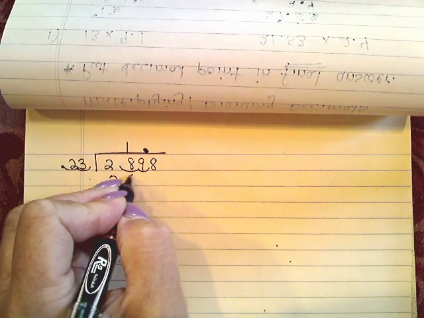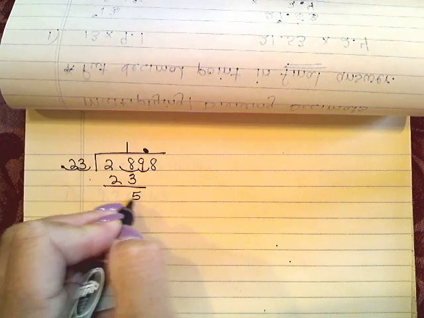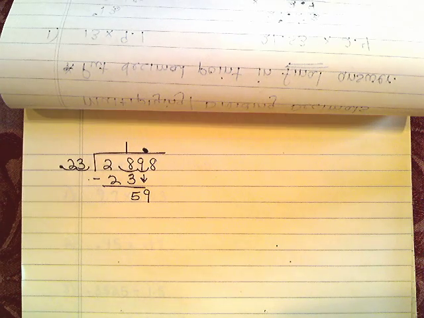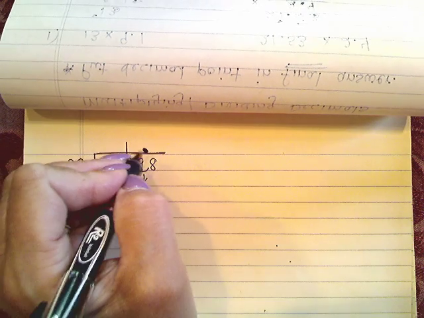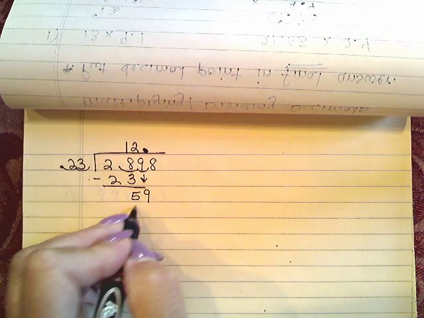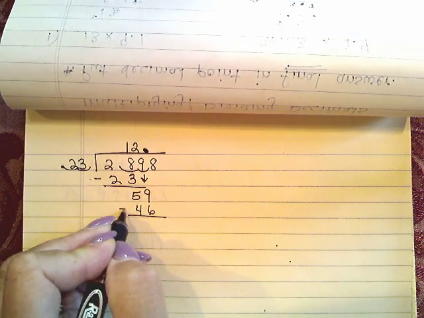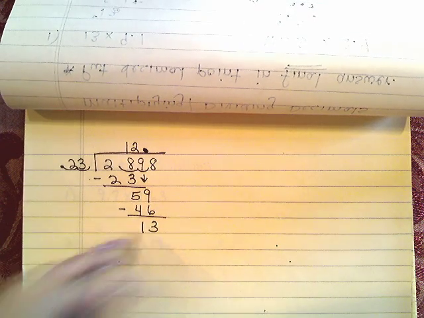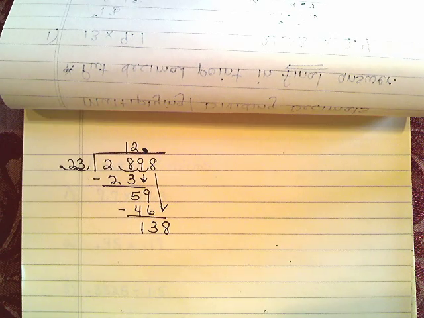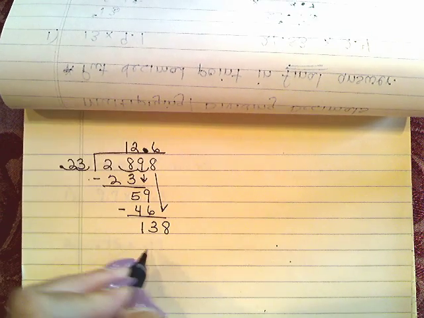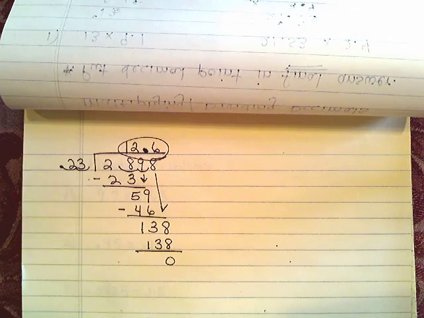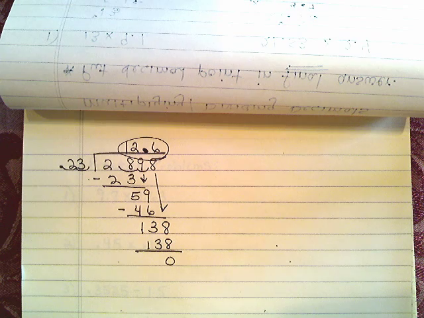I'm going to subtract 23. I'm going to get 5. Bring down my 9. 23 goes into 59 2 times. And that is going to be 46. When I subtract those, I get 13. And then bring down your 8. 23 goes into 138 6 times. Therefore, your answer is 12 6/10.